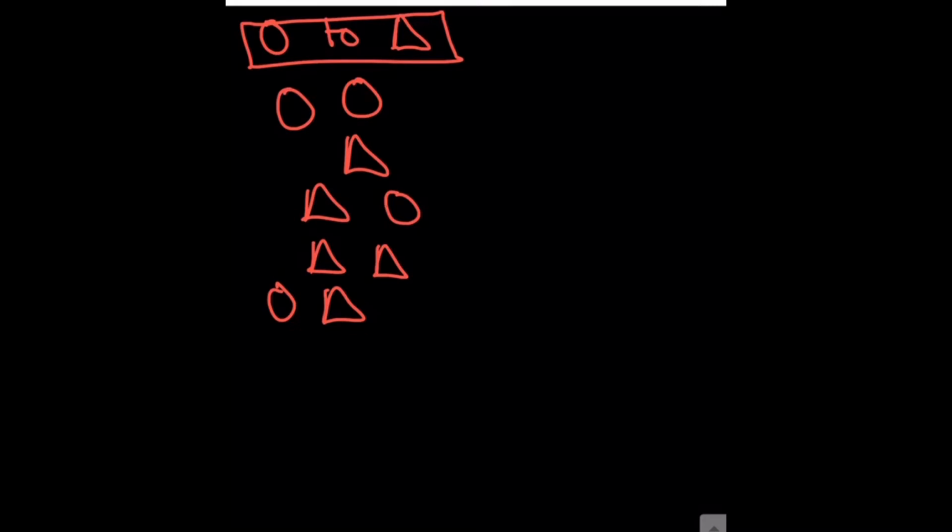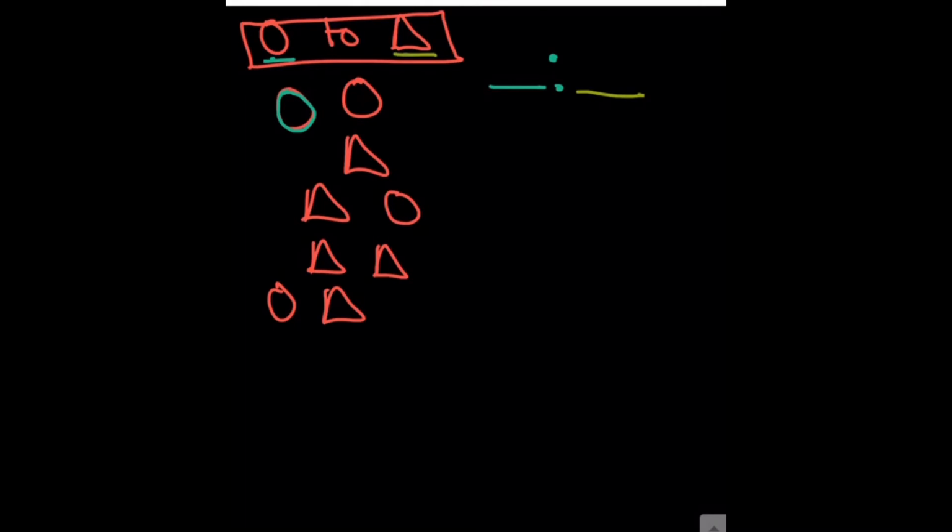There are triangles and there are circles. Now what you have to do here is represent this as a ratio. They're asking for circles to triangles, so it has to be the circle first, then the triangle.